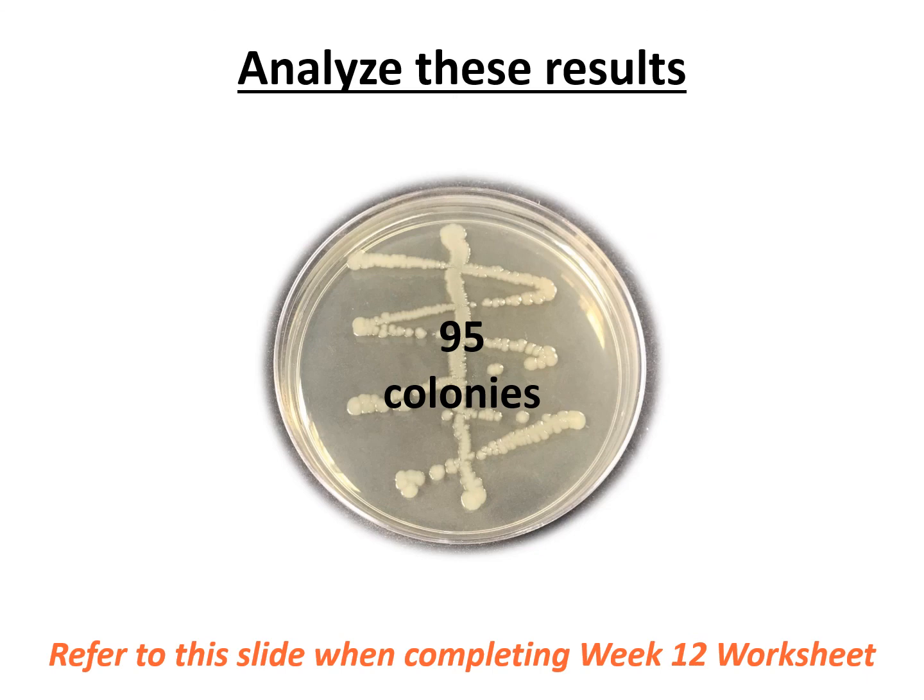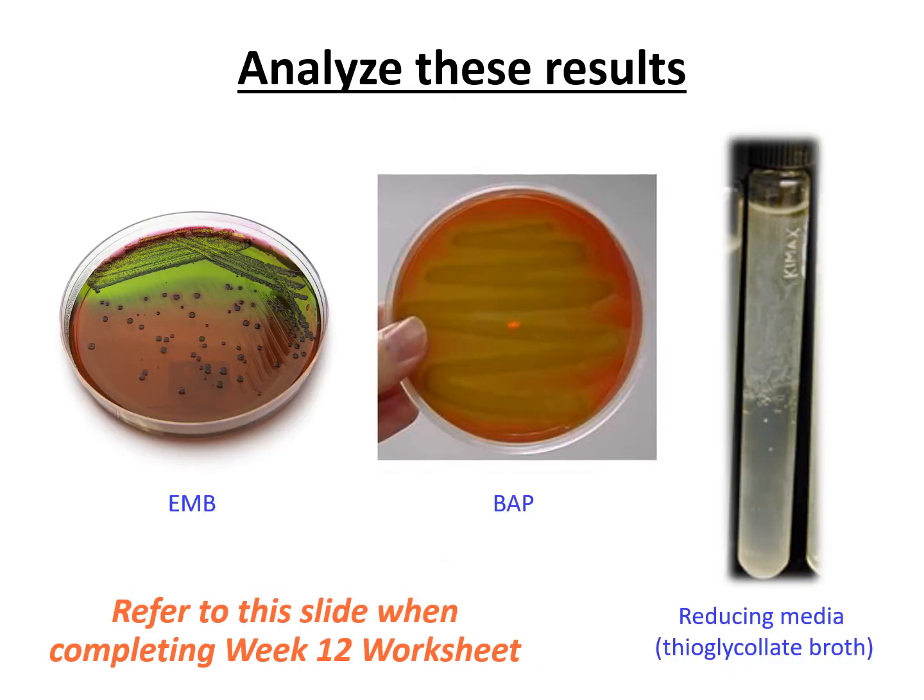And then right here, again, let's say this is the calibrated loop plate, and you see how we usually just streak once, and then we do the zigzag pattern. Again, this is considered a 10 to the 3 plate. So if you have 95 colonies, figure out how much that would be in bacteria per mL.